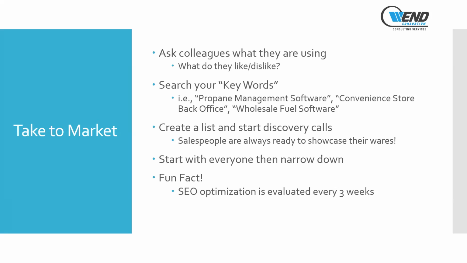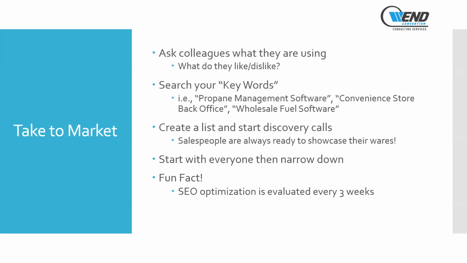You definitely want to hop out to the internet. The internet's a great resource, and search out your keywords. So if you're a propane company, use things like propane management software, propane dispatching software, propane monitoring software, and you'll get a bunch of different vendors in your top 10 that can satisfy those needs.